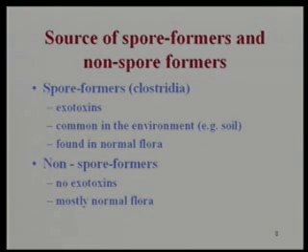They make a lot of different exotoxins, and there are 4 different diseases, each caused by a different exotoxin, or 3 where an exotoxin is involved. Well, you'll see the difference when we get there. But anyway, 4 unique situations, let's put it that way. And they're common in the environment, which again is not what you would expect, but they're there all right, in the soil. And they're also found in the normal flora, exogenous versus endogenous.